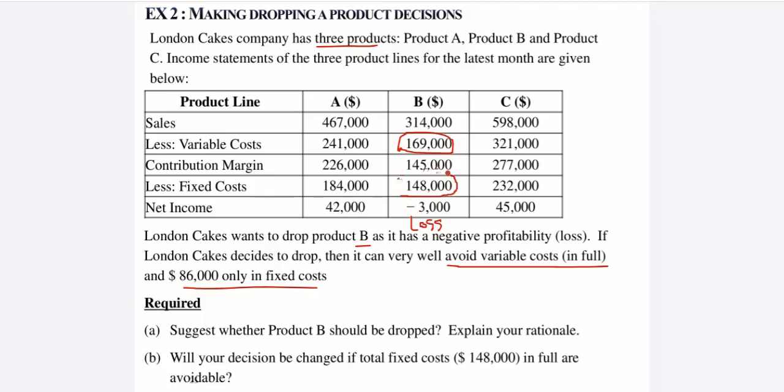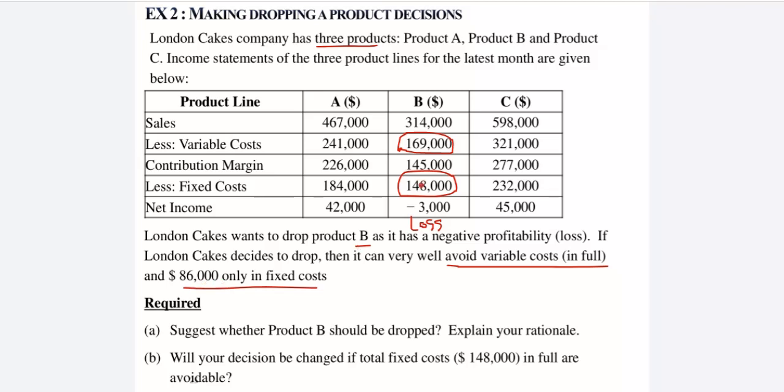The whole fixed cost for product B is 148. If I close or drop product B, will I save all this cost? No. He said that if we drop product B, we can avoid or save only $86,000 of the fixed cost of product B. Very good.